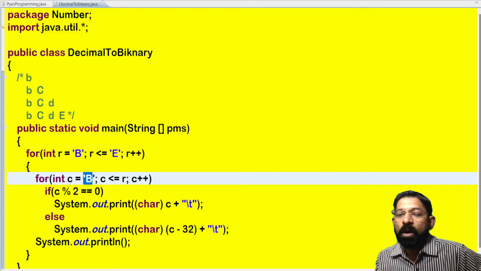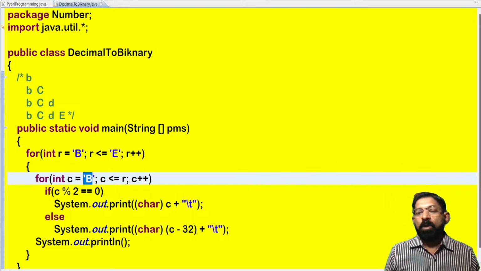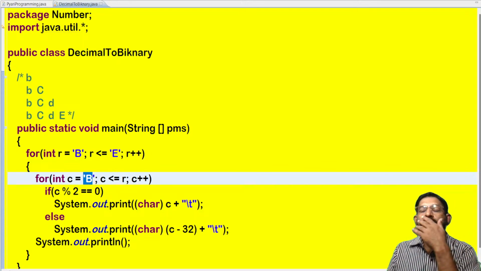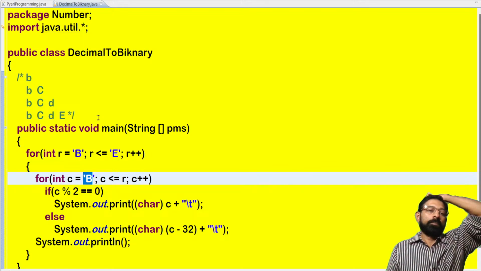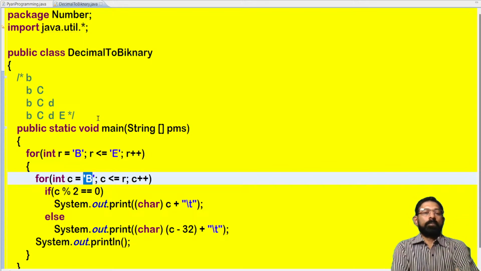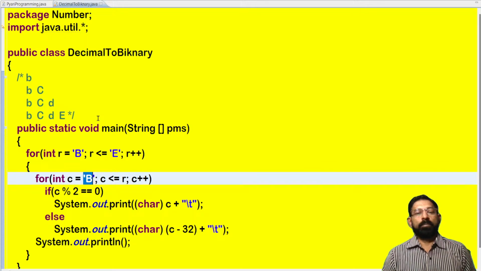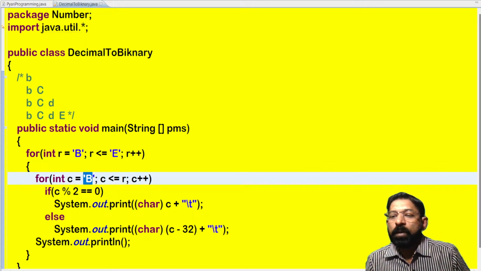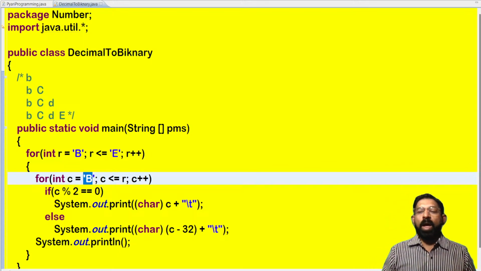To display what? Same pattern. Swagat, same pattern. If condition is required? Already we have the if condition.